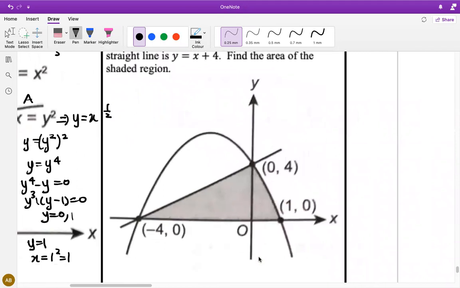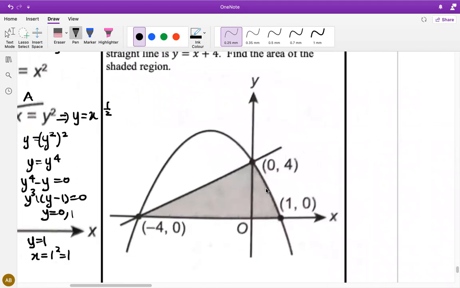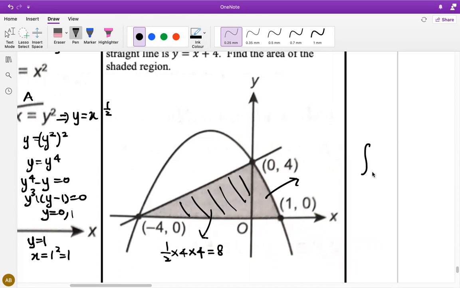How about C? For C, you want to find this area. So you can see here, this area is a triangle, so make our life easier. There is 1 over 2 times 4 times 4, therefore you get 8 here. So we just need to find this area, which is from 0 to 1.